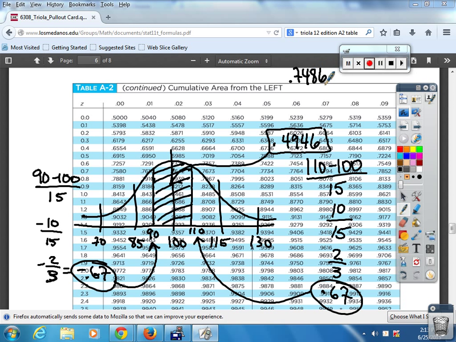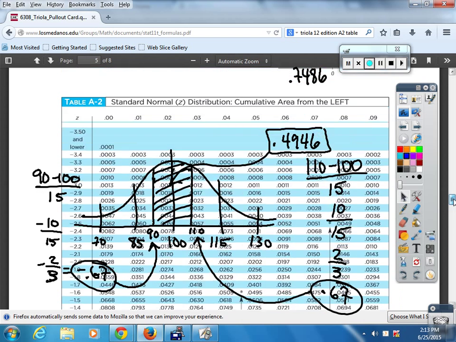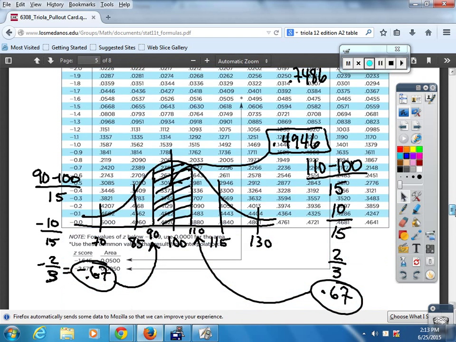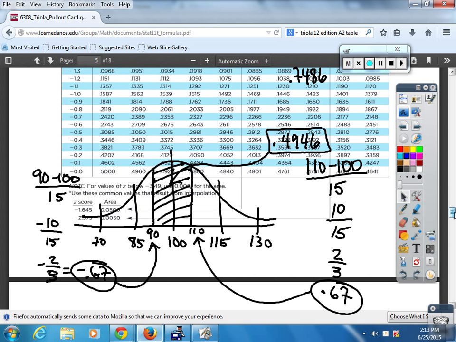And then negative 0.67. Zero, 1, 2, 3, 4, 5, 6, 7, 0.2514. Minus 0.2514, and that'll give us a 2, a 7, 14 minus 5 is 9, and 6 minus 2 is 4.